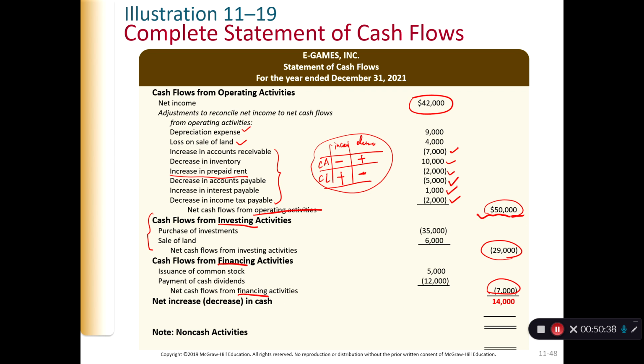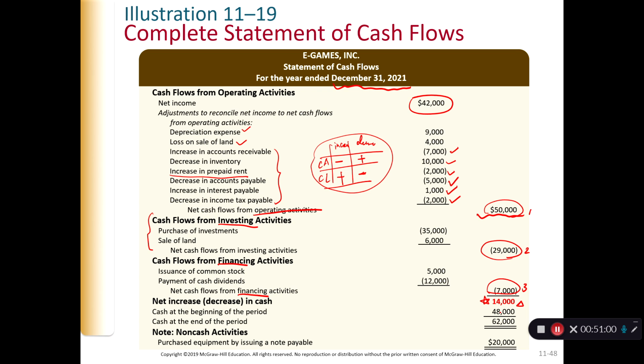And we're adding these three steps together. We're getting a $14,000 cash change. And then we're adding the beginning cash of 48,000. We find the cash balance at the end of year, December 31st, 2021, should be $62,000.